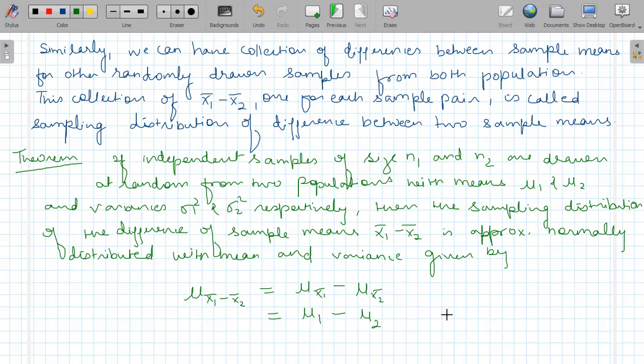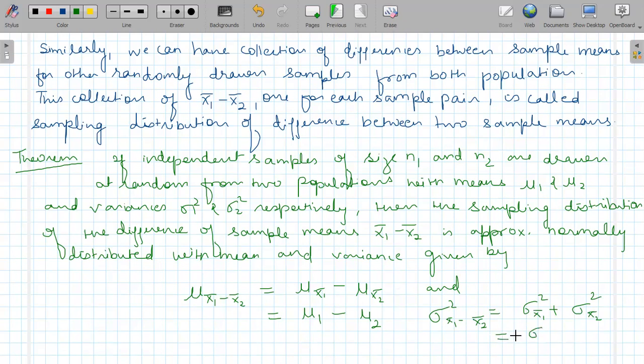And variance is given by the sum of the variances of the sampling distribution of sample means from the first population and the sampling distribution of the sample means where the samples are drawn from the second population.